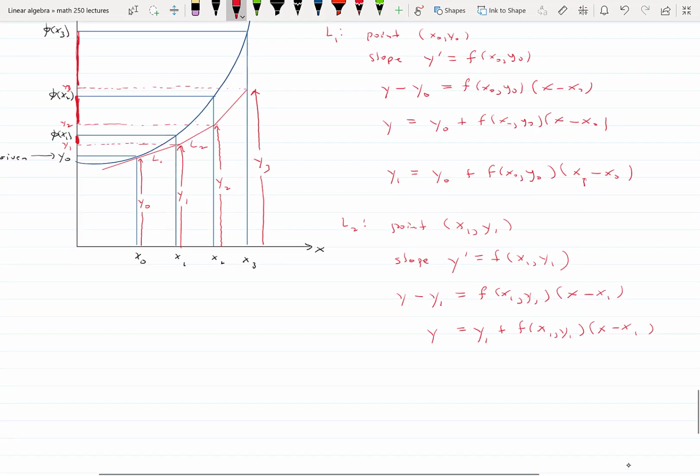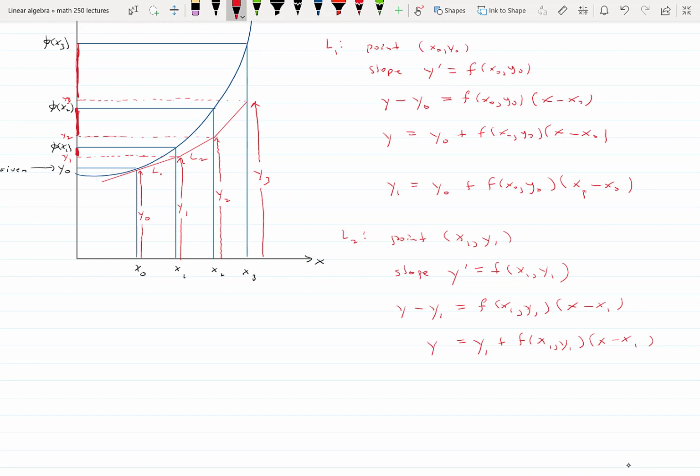Now to find y2, I substitute x2 into it. I'm going to shoot from the point x1, y1 to the point x2, y2 along that line by substituting x equals x2. So y2 equals y1 plus f of x1, y1 times x2 minus x1.